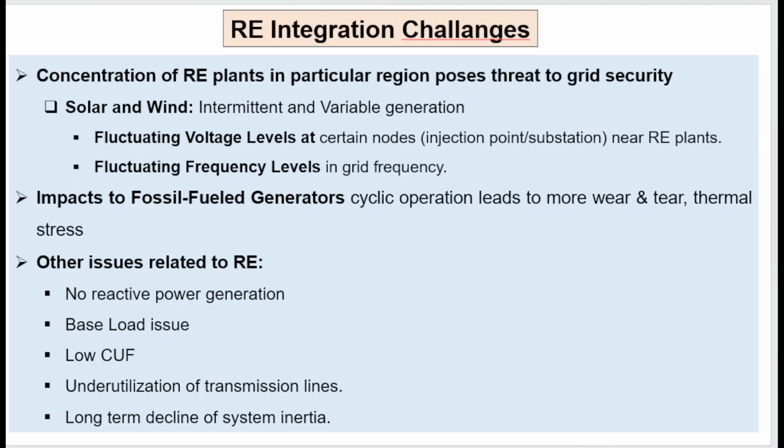So these are the challenges with respect to renewable energy integration into the grid. I have tried to explain a few, and if you need detailed discussions on other issues, you can point them out in the comment section. I will try to explain them in subsequent lectures.